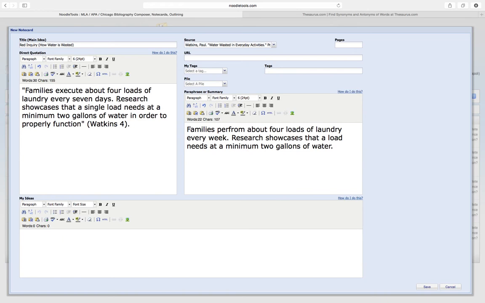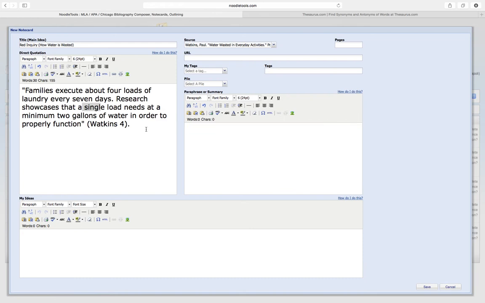It says research showcases that a single load needs at a minimum 2 gallons of water in order to properly function. All right. So a single load, single meaning 1. So maybe I'll start it off. I'm going to take the idea in this sentence. This is how I'm going to reorder it. I'm going to take the idea in this sentence right here.